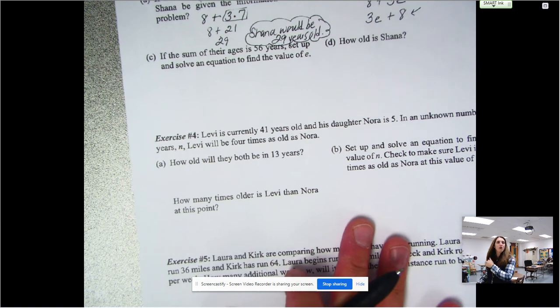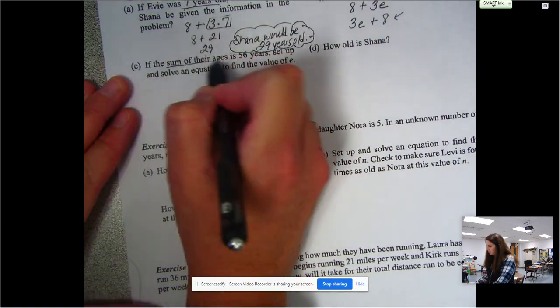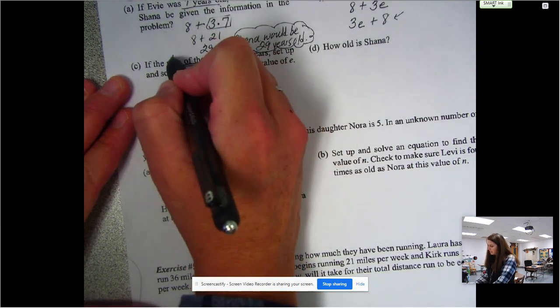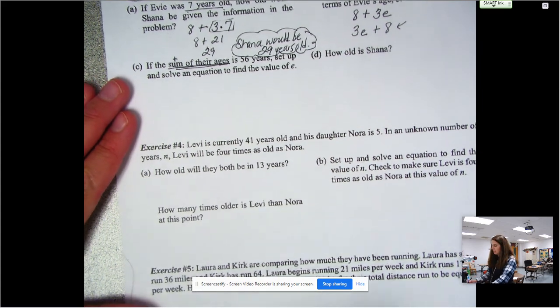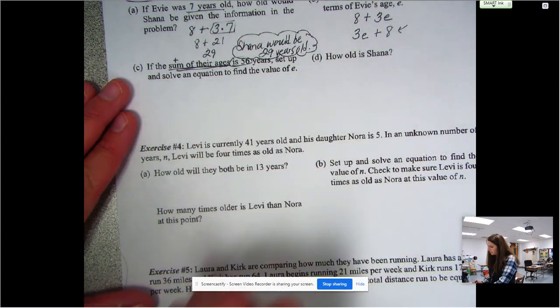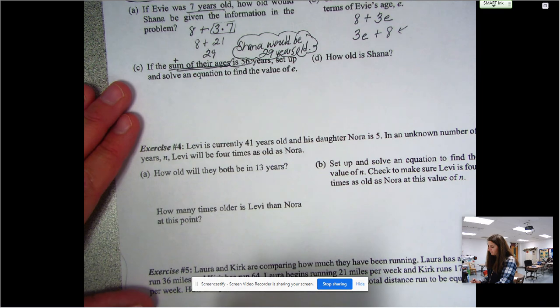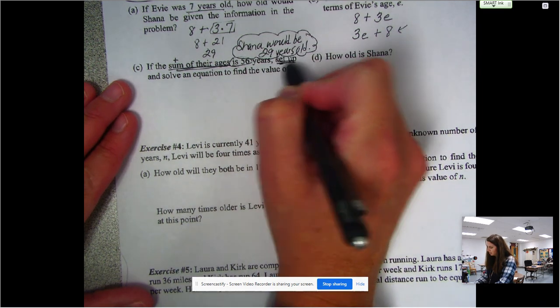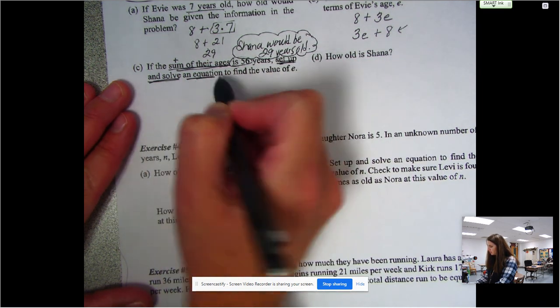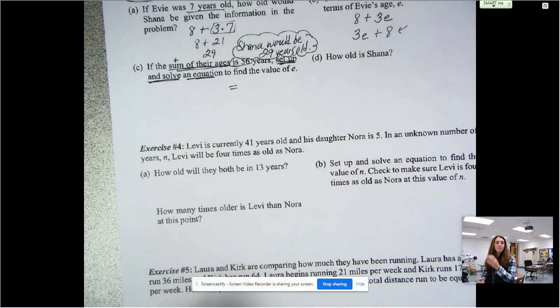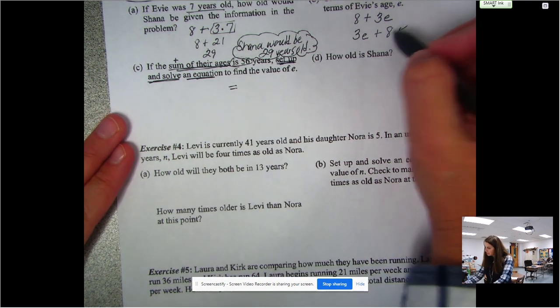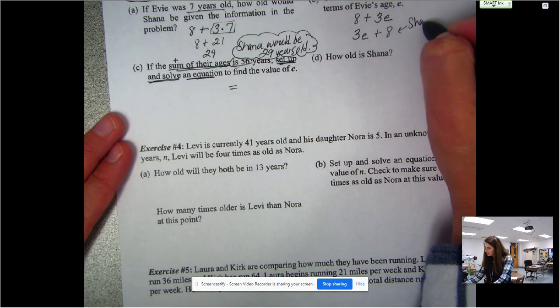If the sum of their ages, what does sum mean? Sum is the addition. The addition of their ages is 56 years. Set up and solve an equation to find E. So there's our action words. Set up and solve an equation. So we're looking for that equal sign now. So we have to add their two ages. So this right here, this expression, this is the expression for Shauna's age.